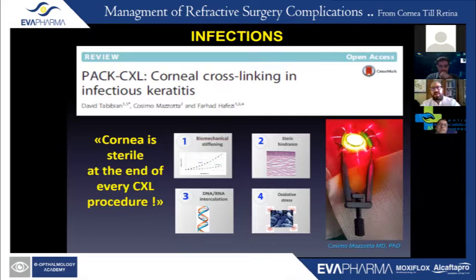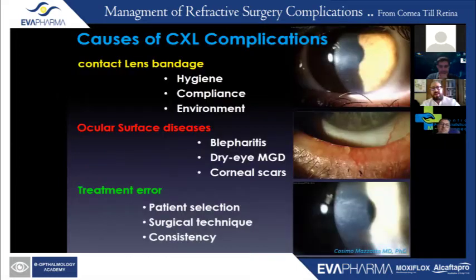So the causes of cross-linking complications are linked mainly with the bandage contact lens, with poor hygiene, with poor patient compliance, with the environment, with ocular surface disease not managed or not diagnosed, such as blepharitis, pre-existing dry eye or meibomian gland dysfunction, corneal scars, and also treatment errors, patient selection, surgical technique application, such as bad focusing, wrong riboflavin administration, lack of consistency in the application of the technique.